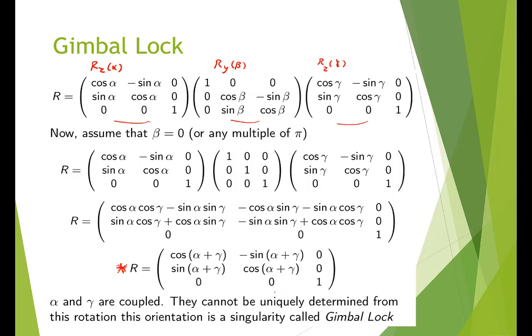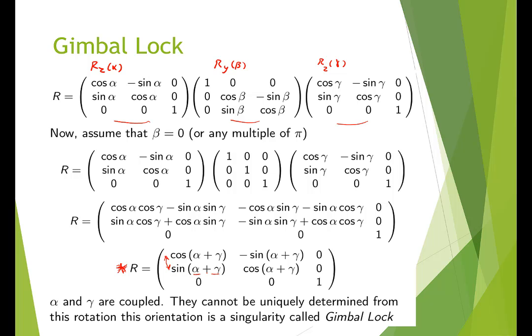Based on this, no matter how hard you try, you cannot find the values of alpha and gamma independently. You can use arctan2 for these two elements, but because it would be 0 and 0, it's impossible to get the angle. You can use arctan2 on these two components, but it will give you the summation of alpha and gamma, not alpha, not gamma. This is a case we call gimbal lock, when the middle angle, rotation around y, is 0.